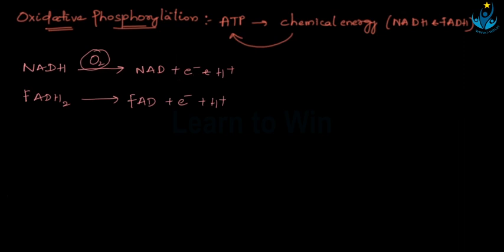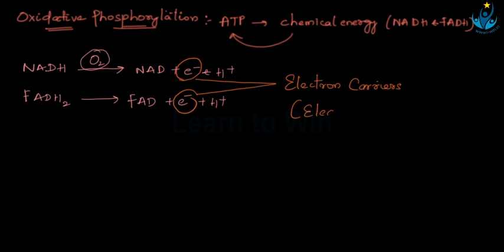Now, these electrons, specifically, move through a series of electron carriers, which are a part of an elaborate electron transport chain, also called ETC, which is present in the membrane of mitochondria.